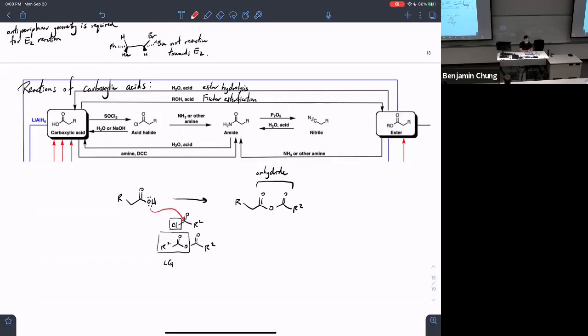Technically, whenever you're reacting with a carbonyl, you always get a tetrahedral intermediate and then collapse of the tetrahedral intermediate before you have the leaving group leave. So I'm going to just abbreviate it like that. So formation of the tetrahedral intermediate and then collapse of the tetrahedral intermediate and then leaving of the chloride. And then that is what gives you your anhydride. And it's analogous reactivity with this carbonyl here for reacting with the anhydride.